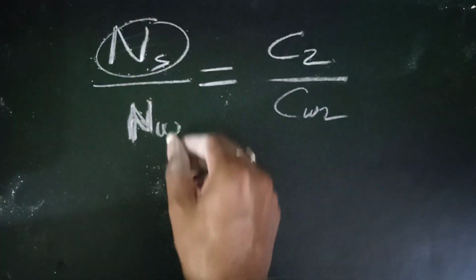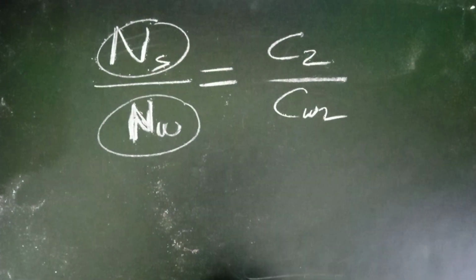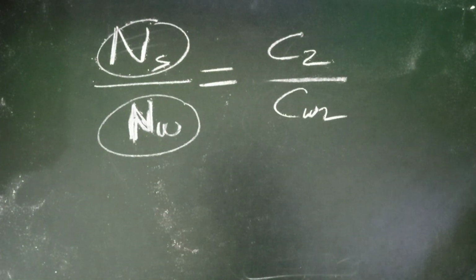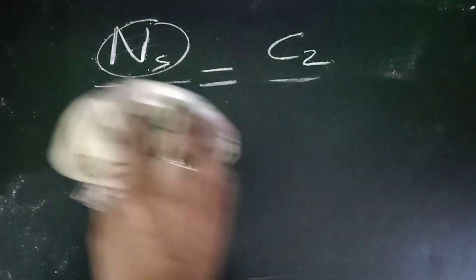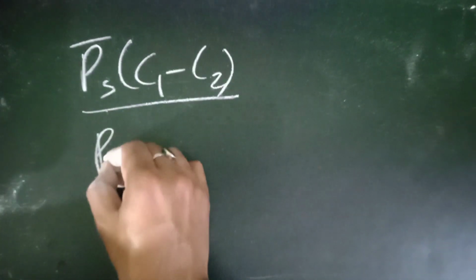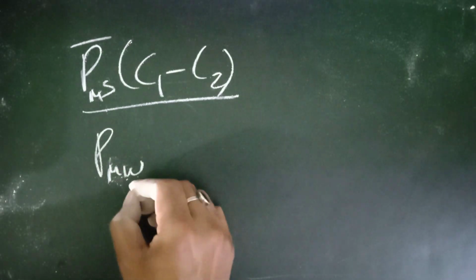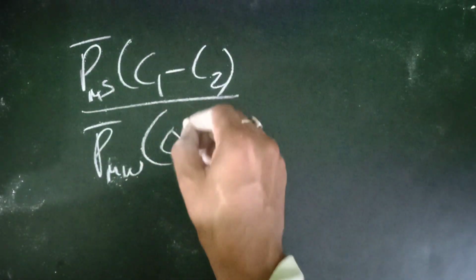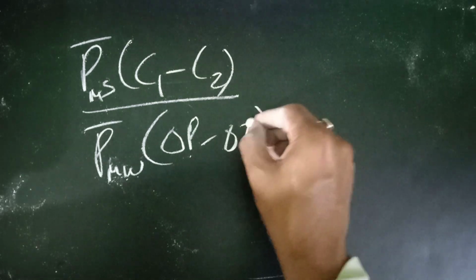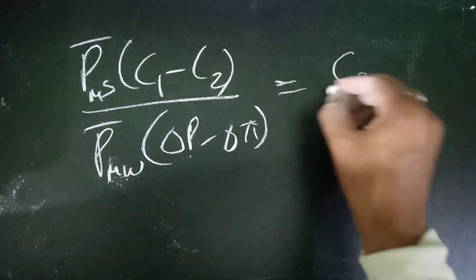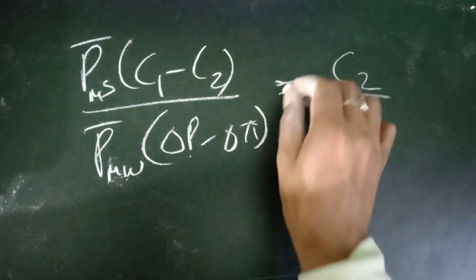Now we will put in the equations of Ns and Nw that we derived earlier. In that case, this would be Ps bar into C1 minus C2, upon Pw bar into delta P minus delta pi, in the ratio of C2 by Cw2.